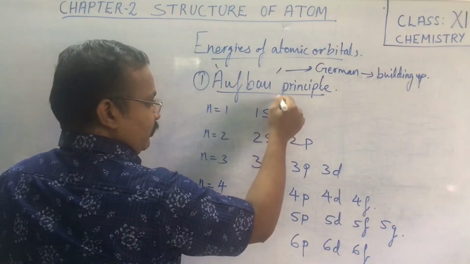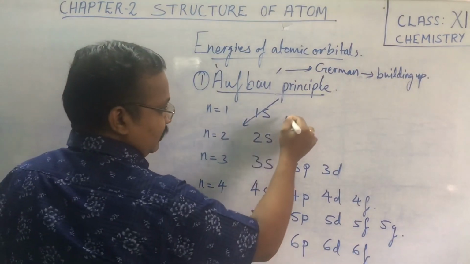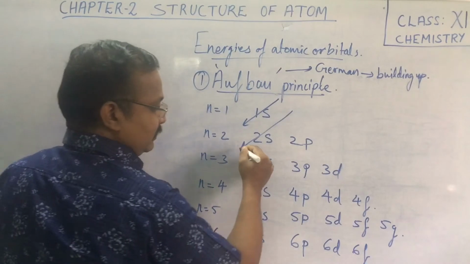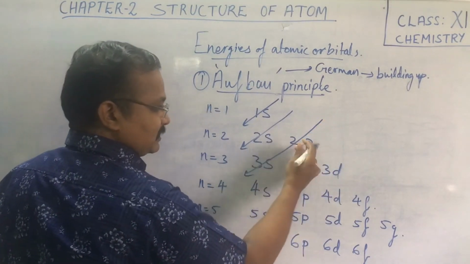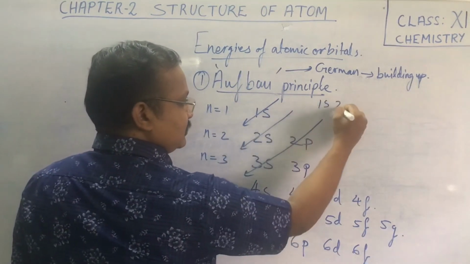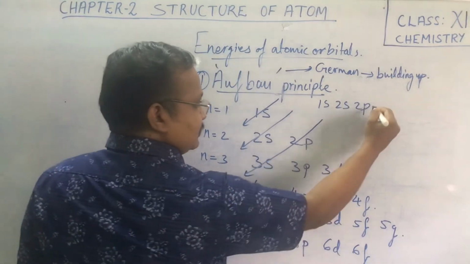First of all, you have to fill the 1s orbital, then second you have to fill 2s, then this arrow has to go back to 2p and then 3s. 1s first you have to write, then 2s, then 2p, then 3s.